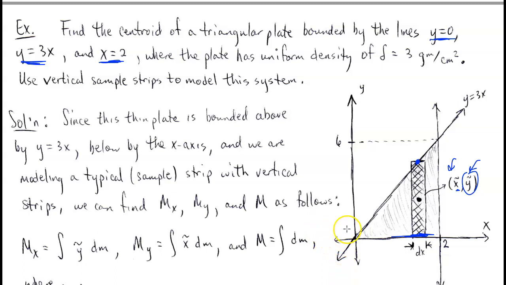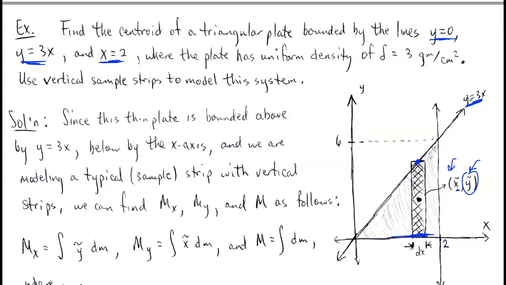And then, of course, we know that the width of the strip, if we can get it as small as it can be, is going to be dx. The height of the strip itself is going to be f of x, which is the actual height of this function, y equals 3x itself.